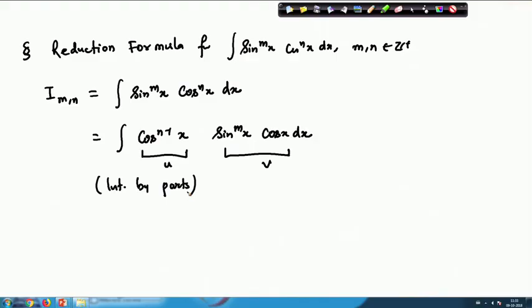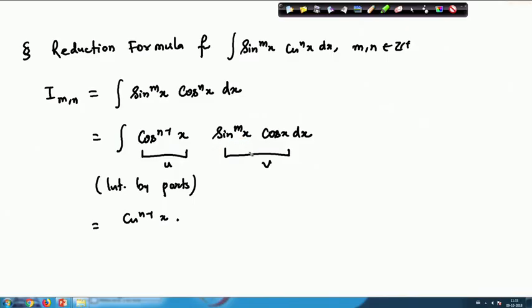So if you calculate the integration by parts, this is cos n minus 1 x times the integration of the second function, with the first function unchanged. If I integrate the second function, cos x is the derivative of sin x.